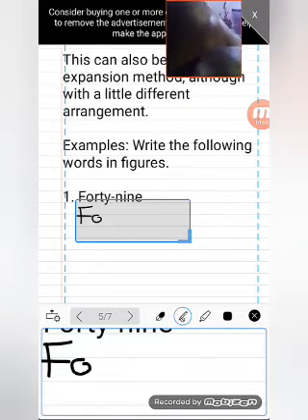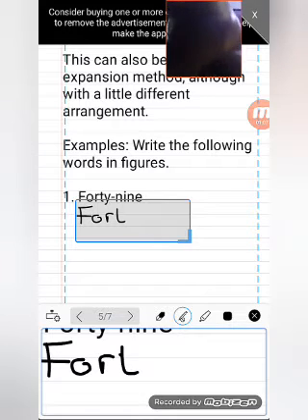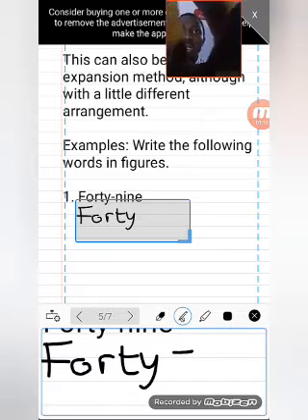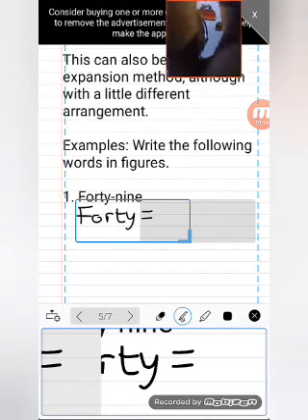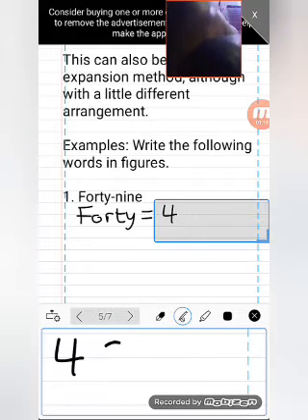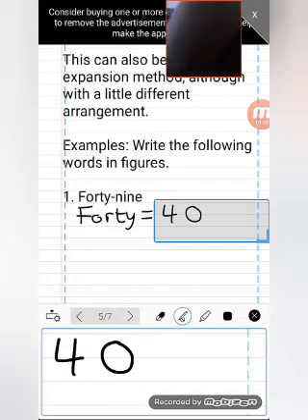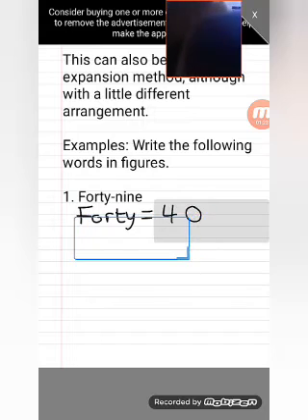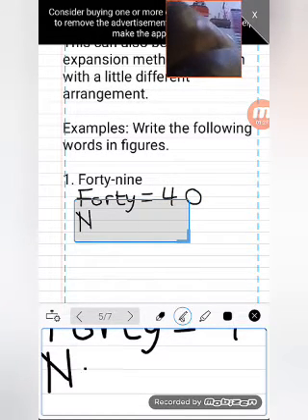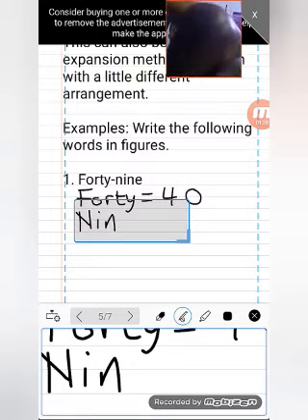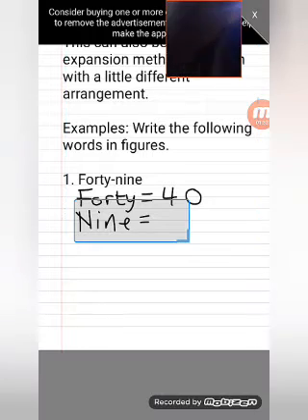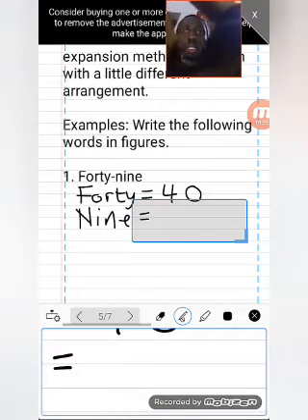So 40, then what's 40? 40 is 40. Then the next word we have here is 9. Remember, 40 is a tens number, but 9, standing alone, is a unit number.